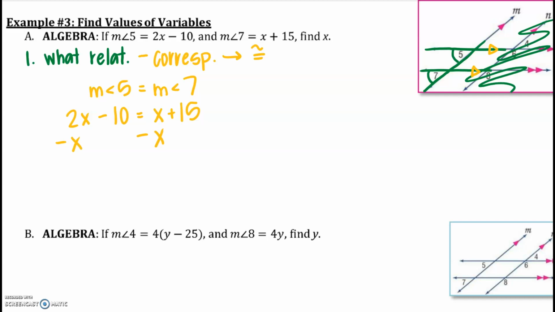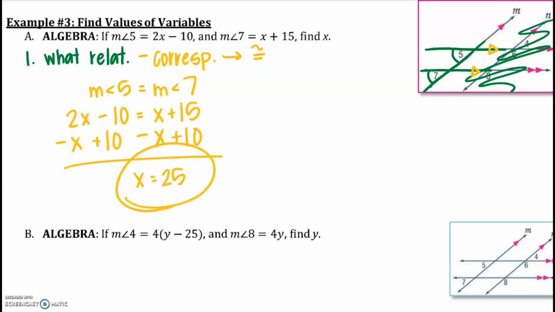Solve that. Add 10 to both sides. So I get that x equals 25. So I first need to identify what's the relationship. Then I either am going to set them up equal, or I'm going to set them up to equal 180, depending on if they are consecutive interior angles or not.